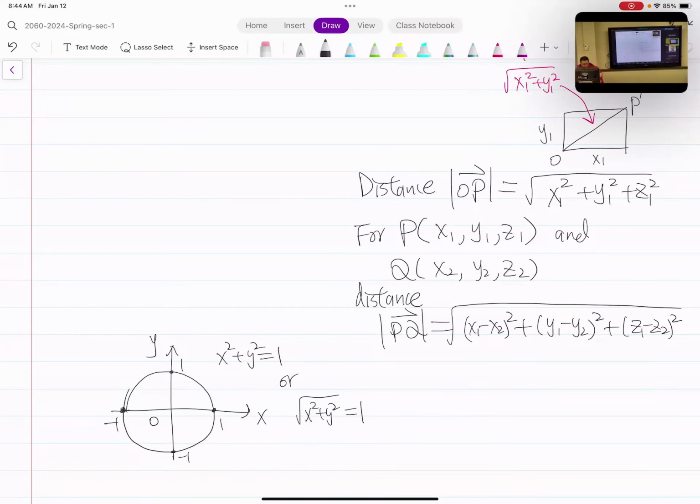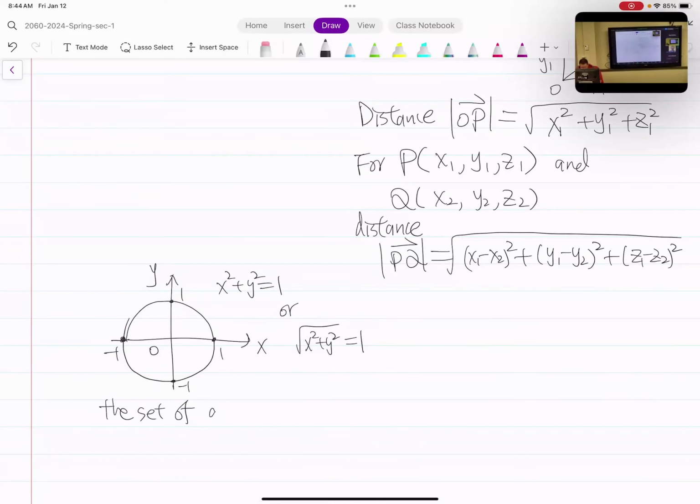So here, let me put down here, this is the set of all points whose distance to the origin is 1, right?